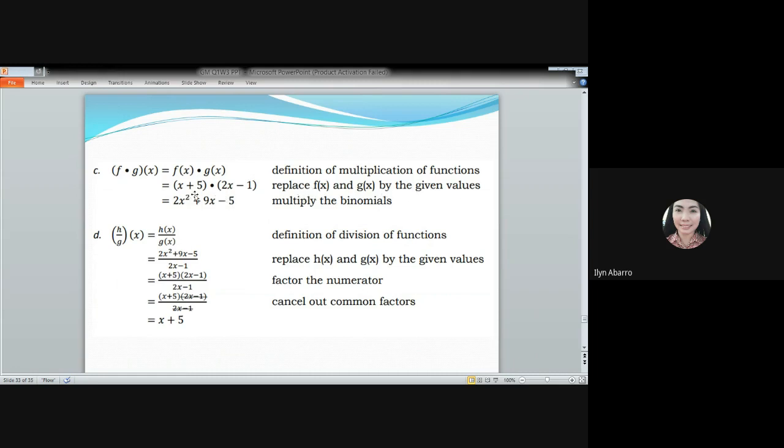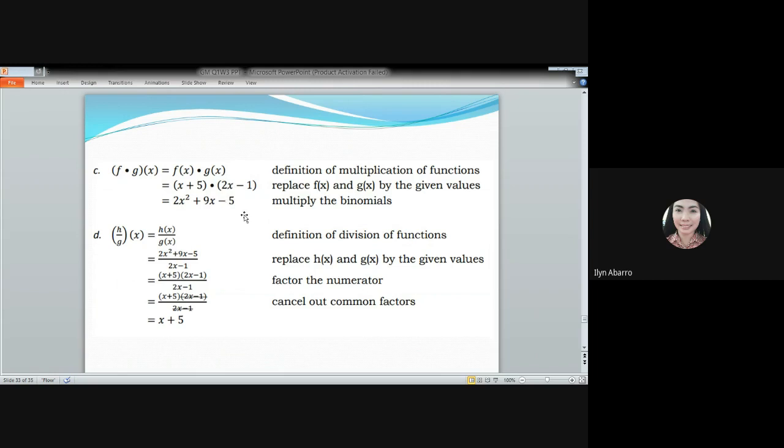And then, we will multiply using the distributive property or the FOIL method. It's the same. So, x, first term to first term muna, x times 2x is 2x squared. And then, x times negative 1 is negative x. Hindi na lang pinakita.